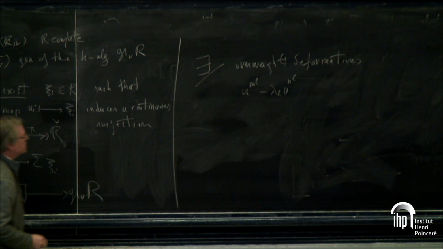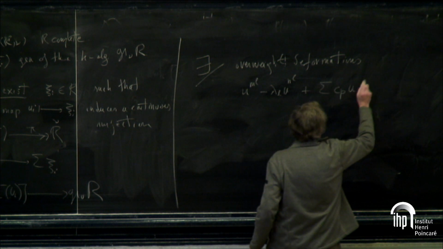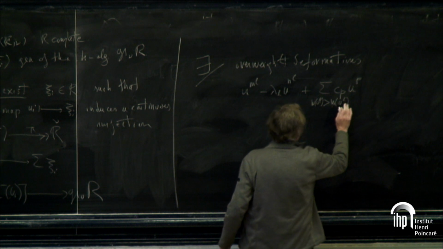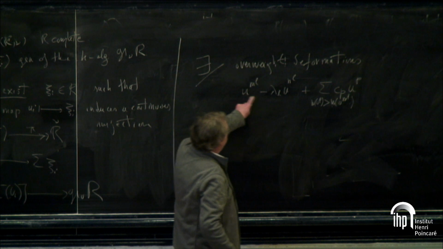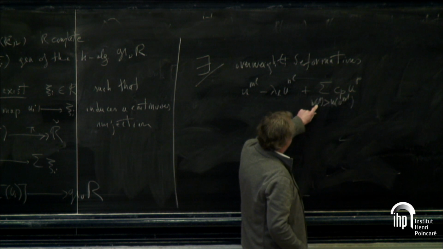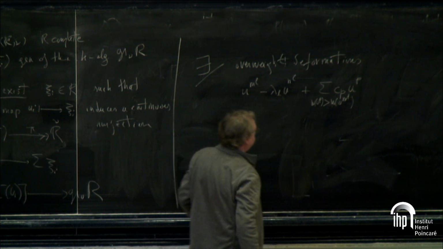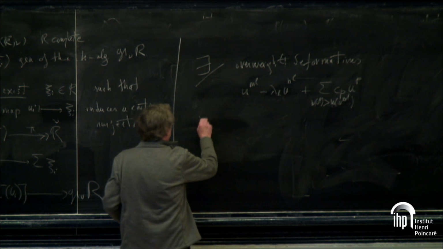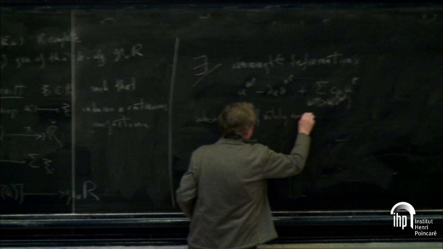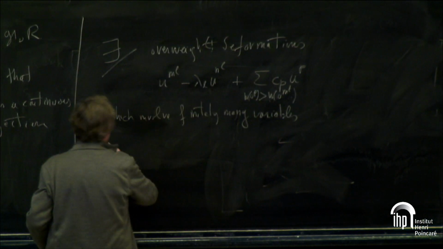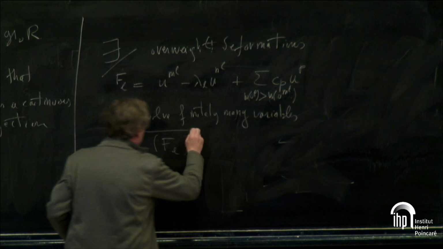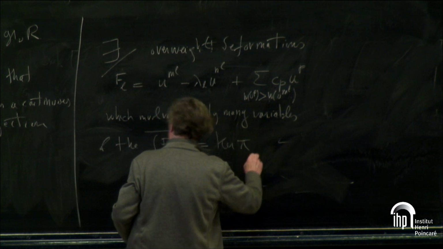Remember that the kernel is binomials: u to the m_l minus lambda_l u to the n_l, where lambda_l are constants in the field, plus a sum of c_p u to the p, where u to the p is a monomial whose weight is strictly larger than the weight of any of these two terms, because they have the same weight, which involve only finitely many variables, and such that if I call this F_l, the F_l are the kernel of my map pi.